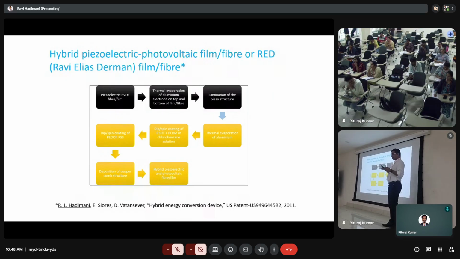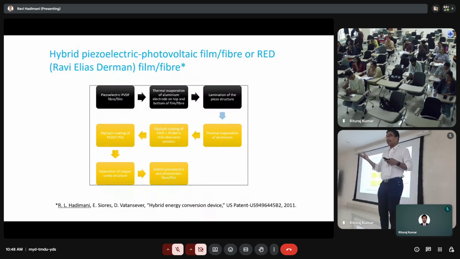So basically what you're making is a piezoelectric material on top of which you're depositing an organic solar cell, which means the top can generate electricity when it's exposed to sunlight, and the bottom piezoelectric film, if you vibrate it, can generate electricity due to vibrations.